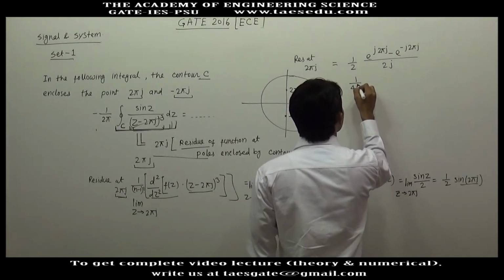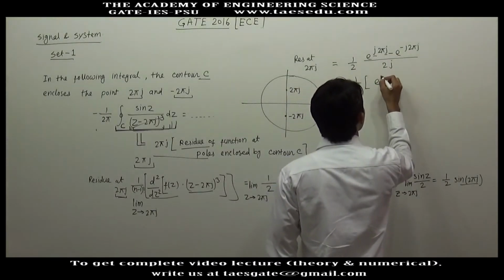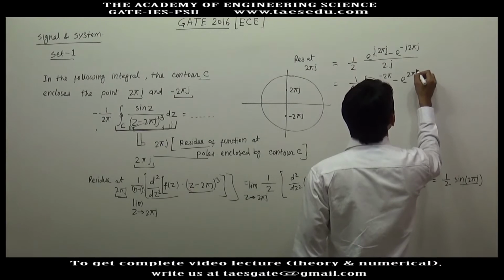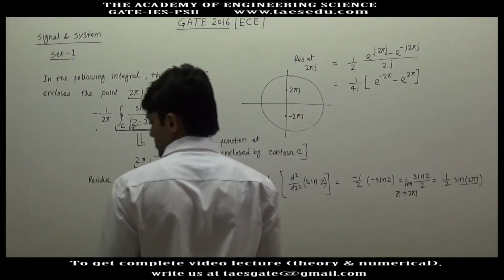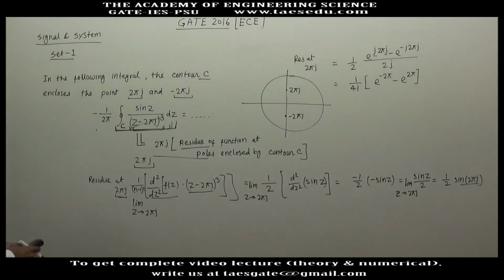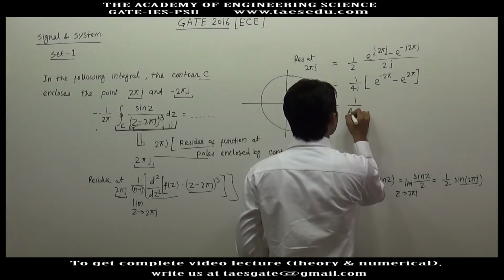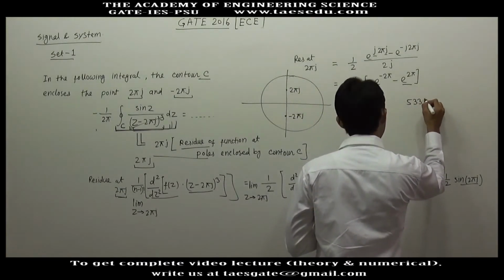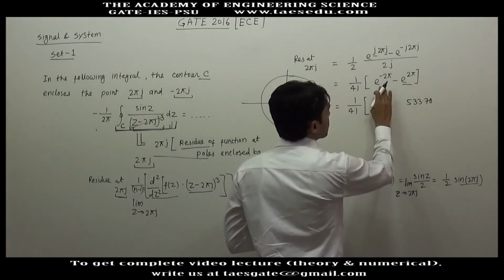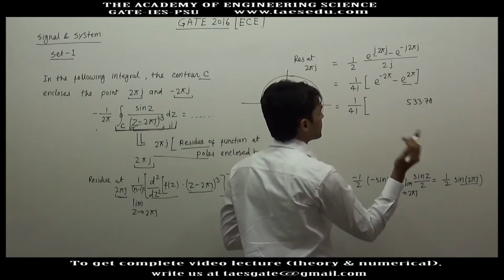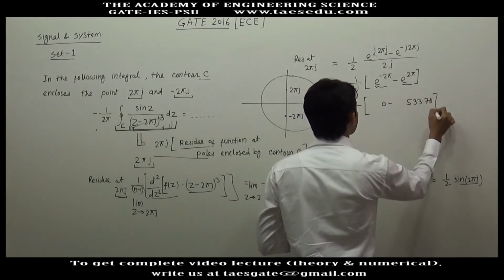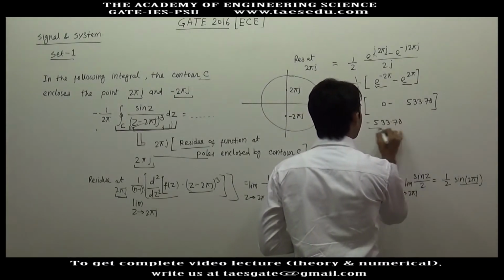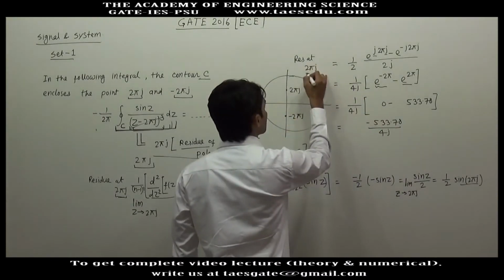So 1 upon 4j, and j into j is minus 1, so e to the power minus 2 pi minus e to the power plus 2 pi, divided by 4j. e to the power 2 pi is 533.78. So e to the power minus 2 pi will be 1 by this, so I am taking it as negligible. 0 minus this, so we have minus 533.78 divided by 4j. The value of residue at 2 pi j is this.